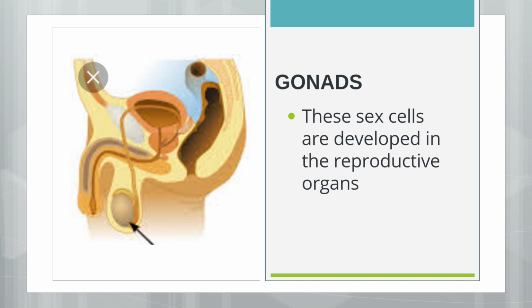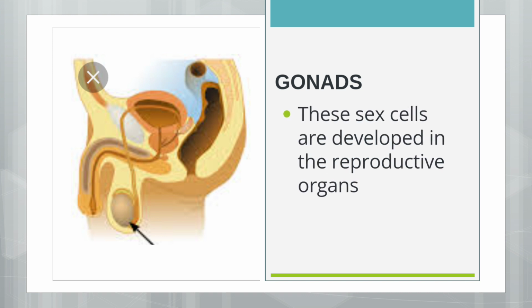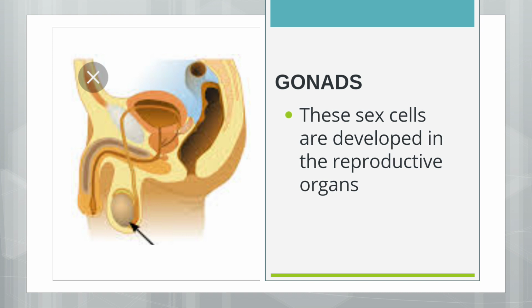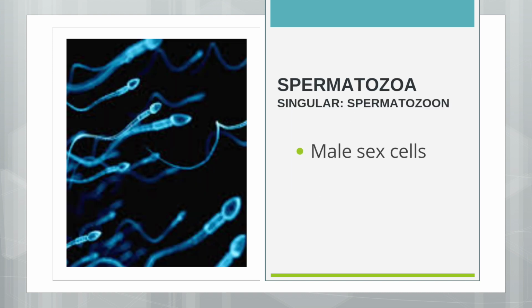Now, let us discuss further. When we say gonads, these are the reproductive organs where the sex cells are developed, as you can see here. Then next is spermatozoa. This is the male sex cell, so this is for males. As you can see here, there are long tails.